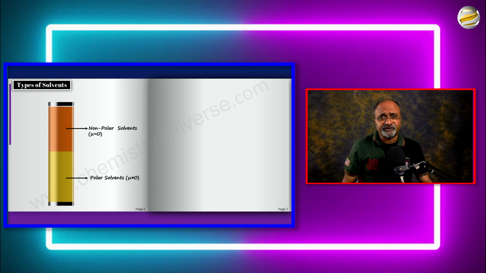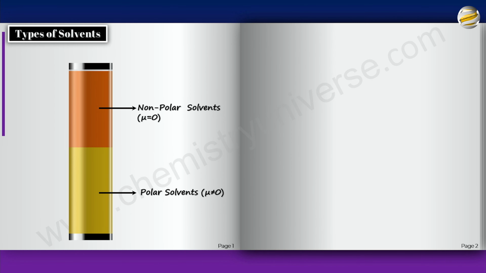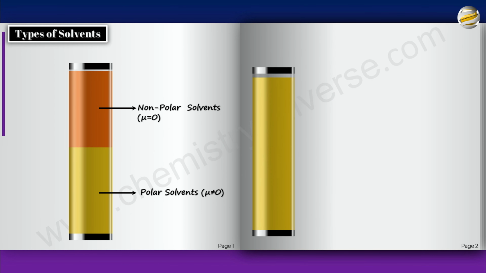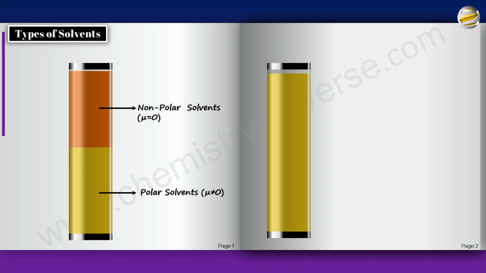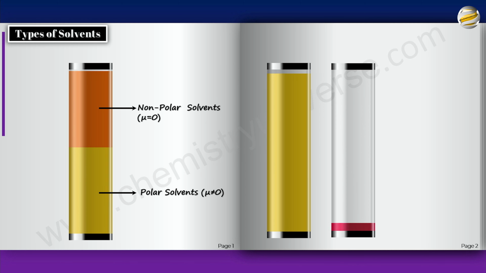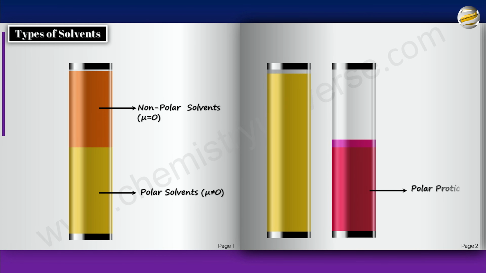Now, polar solvents, on the other hand, are of 2 types. We have the first variety, which is the polar protic solvents, and the next variety is the polar aprotic solvents.